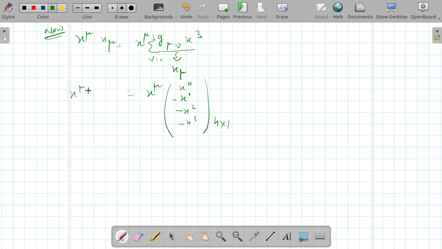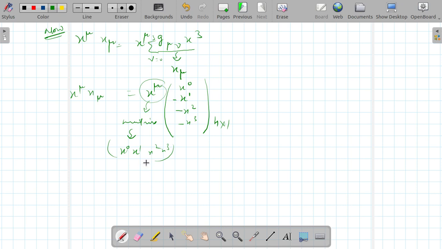So x mu must be equal to this if and only if this is a matrix of the form x naught, x1, x2 and x3, right?